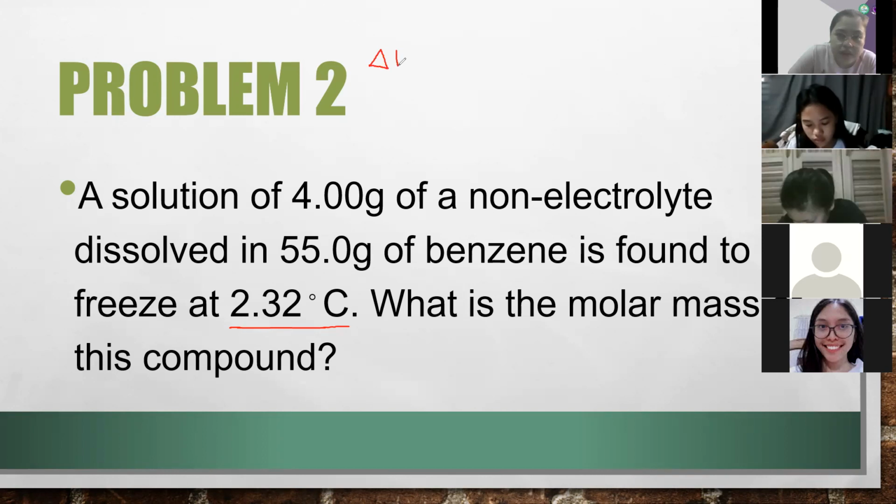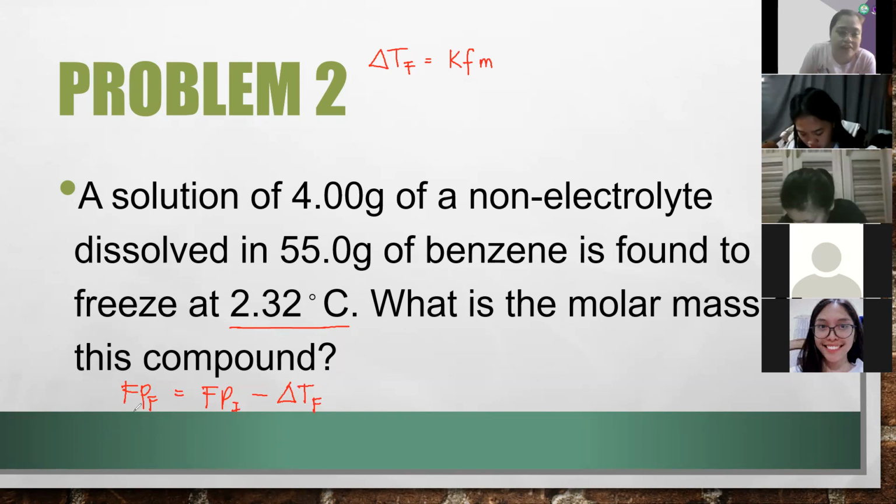Change in the freezing point temperature is equal to Kfm. Ayan pa rin yan siya. Kaya lang, baliktad. Una, ang i-compute muna natin is the change in the freezing point temperature gamit yung last na formula natin kanina. Freezing point final equals freezing point initial minus the change in the freezing point temperature.